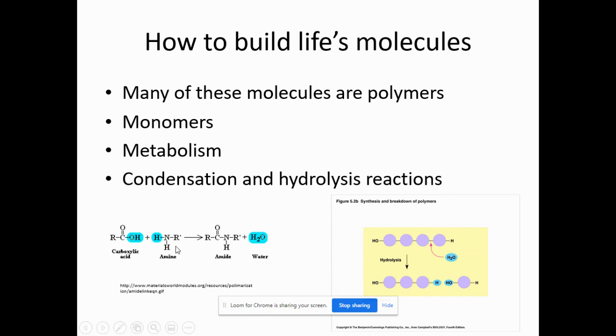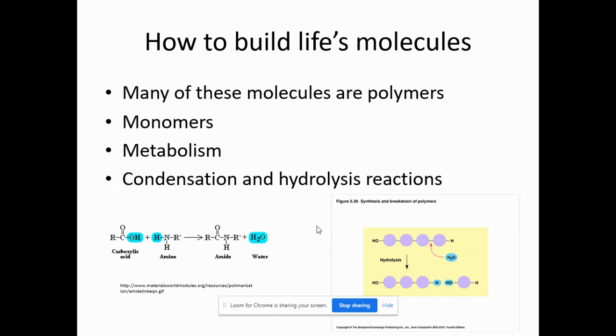Well, if you look at this reaction right here, what's a byproduct? Water. So here you have the polymer being made, and then the water is a byproduct. So this is a condensation reaction. A polymer is produced. Now, hydrolysis means water breaking down.